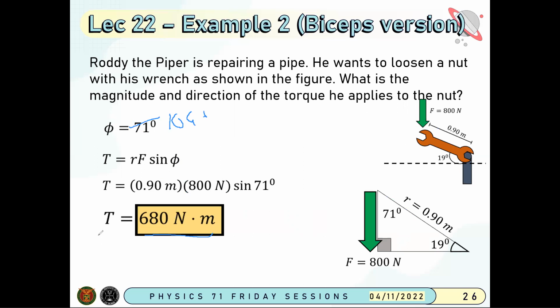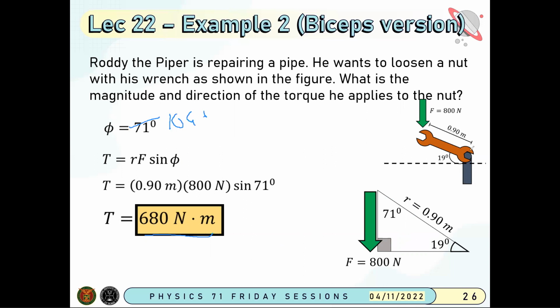Okay. So remember, yung torque, ang SI unit niya ay Newton meter. Ang moment of inertia, kilogram meter squared. Ang torque ay Newton meter. So yan na yung magnitude. Ano ngayon yung direction?